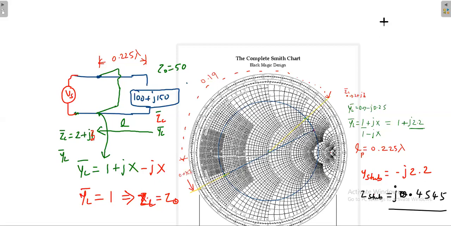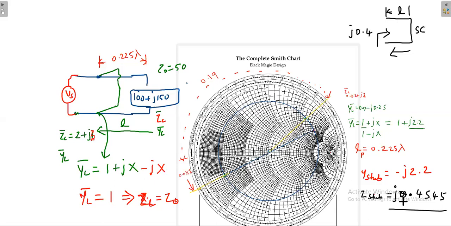Now see, I am drawing the stub here. Now I am in short circuit. I move a length of L, say in this direction. When I am having short circuit, I have to travel a distance of L in such a way that this value is J 0.45.